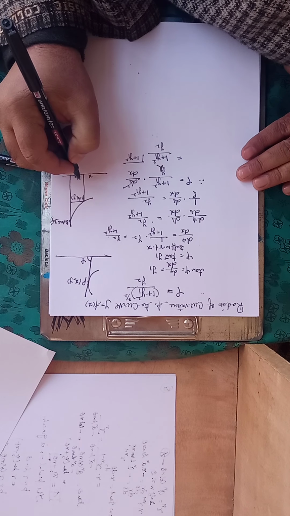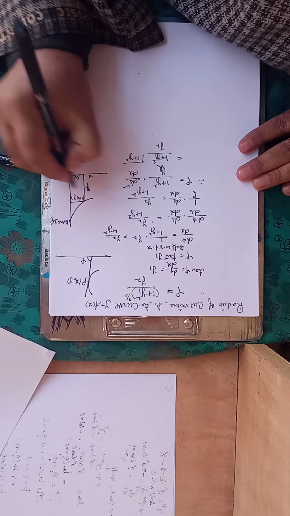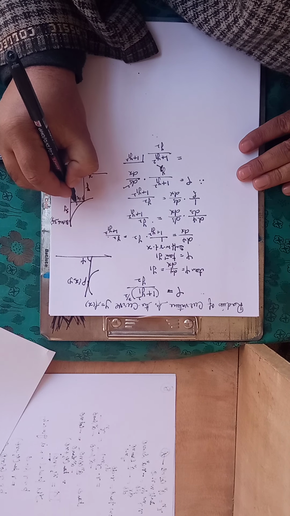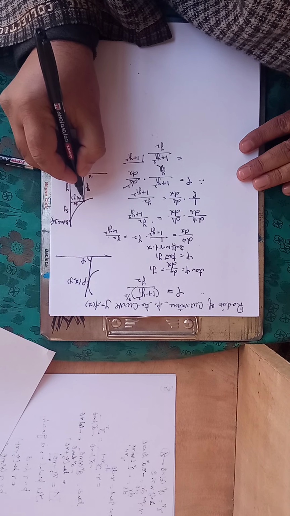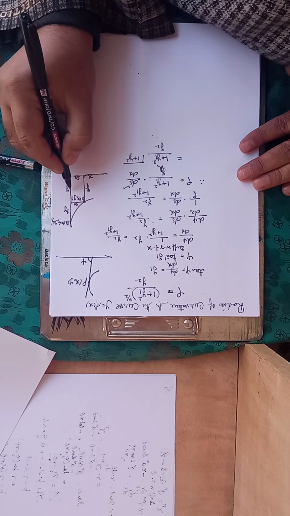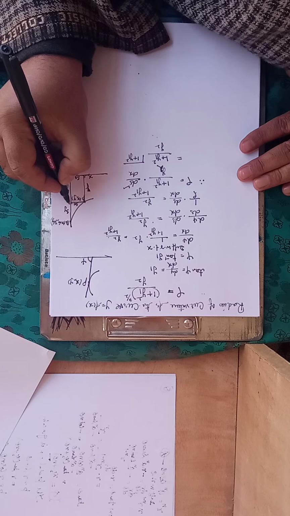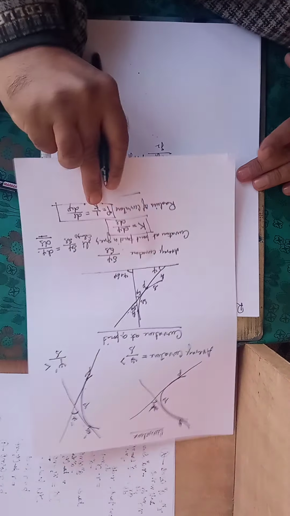This is x, this is y, and this will be delta y. This is the point P(x, y), and this is x plus delta x. Now this will be delta s, as has been done over here.